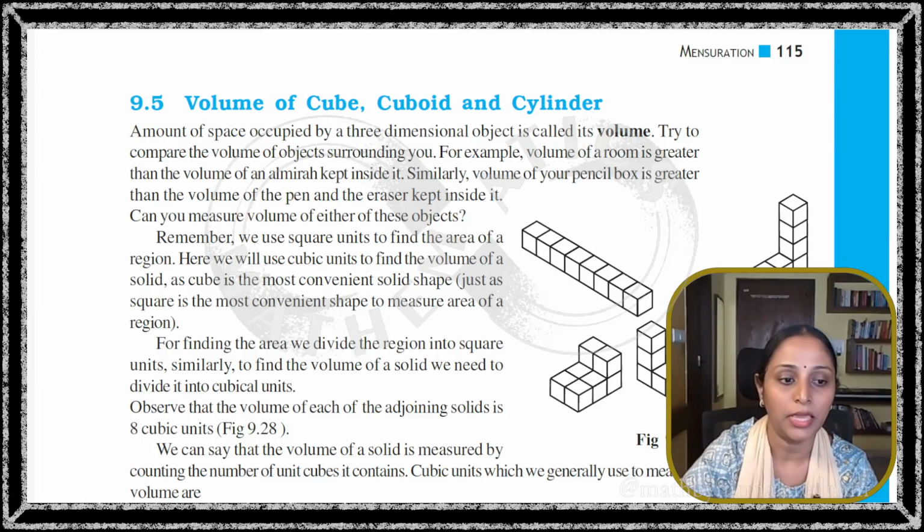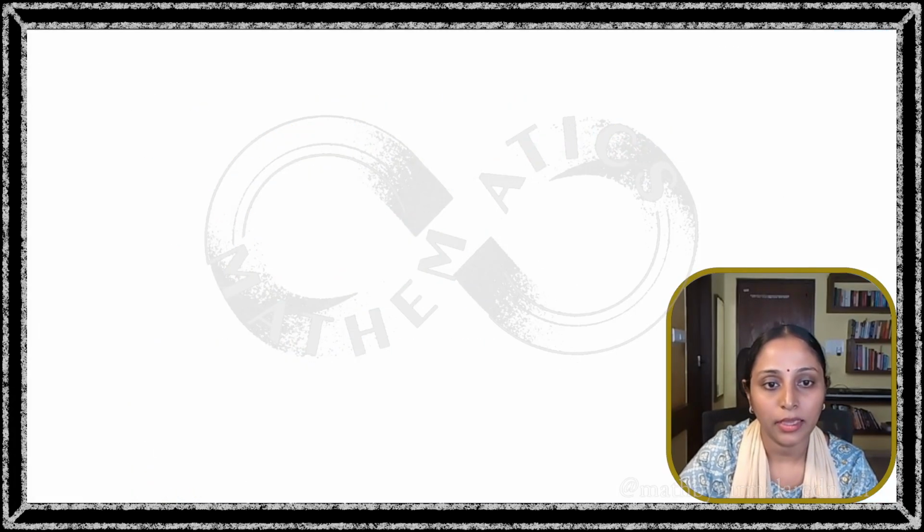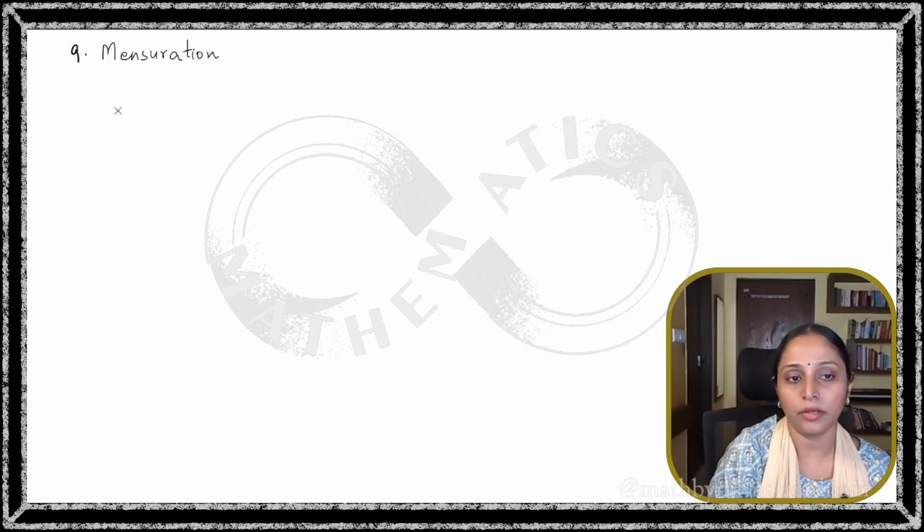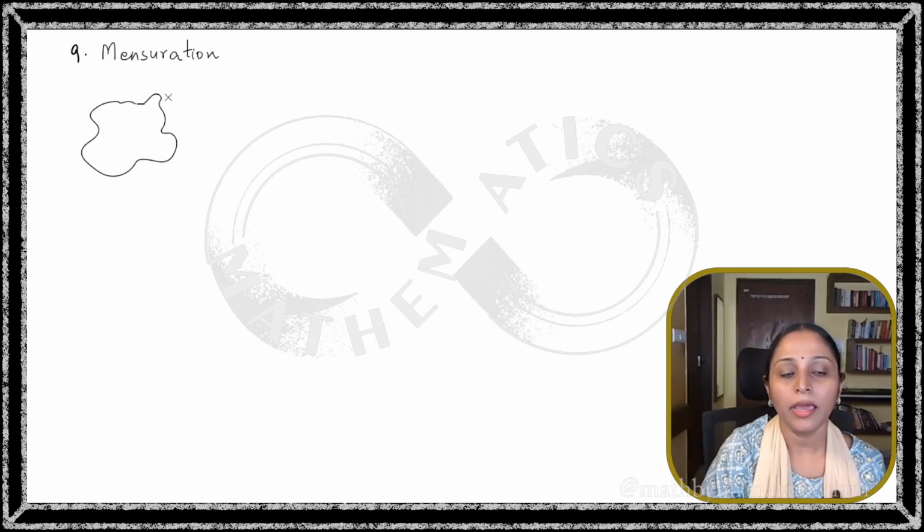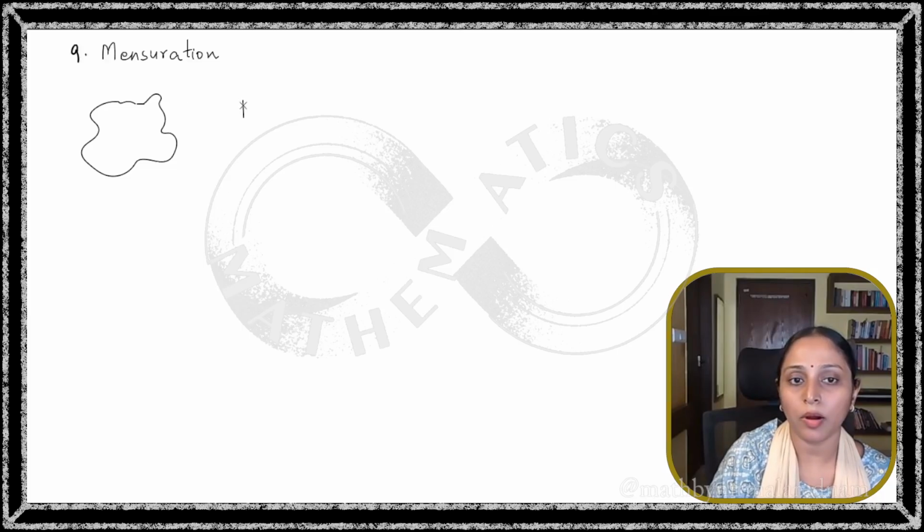Now here, if you remember, I mentioned earlier that when you're talking about a two-dimensional simple closed curve, we are talking about perimeter, which is nothing but the total length of this boundary.